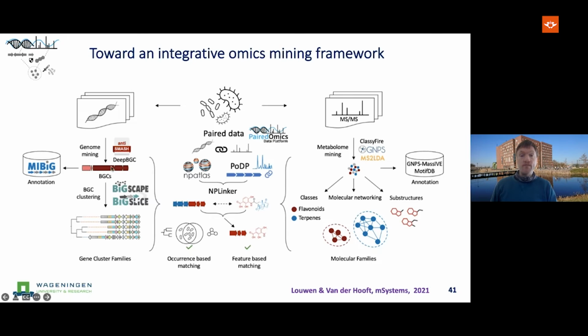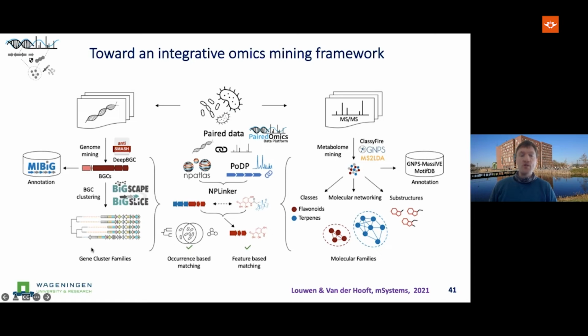Yeah. So you can see the paired omics data platform is somewhere in the middle as a kind of start or initiator, and you can then see the whole genome mining workflow on the left-hand side with antiSMASH developed by Professor Marnix Medema and colleagues, and on the right-hand side the metabolome mining workflows, for example, based on GNPS from the Pieter Dorrestein lab.